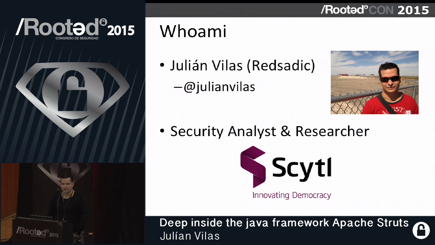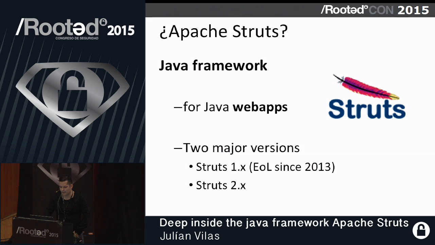Last year I gave you another presentation with my friend Juan Vasquez on security at scale regarding one product, and this year I'm coming to talk to you about a very different thing. We are going to talk about a security framework to develop Java applications by the name of Java Struts.